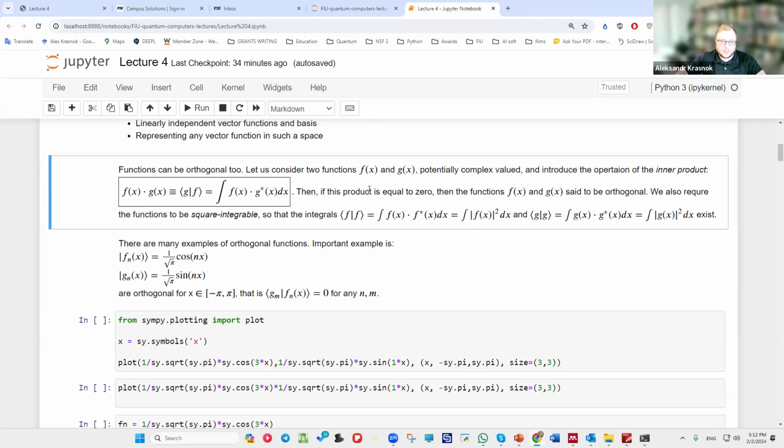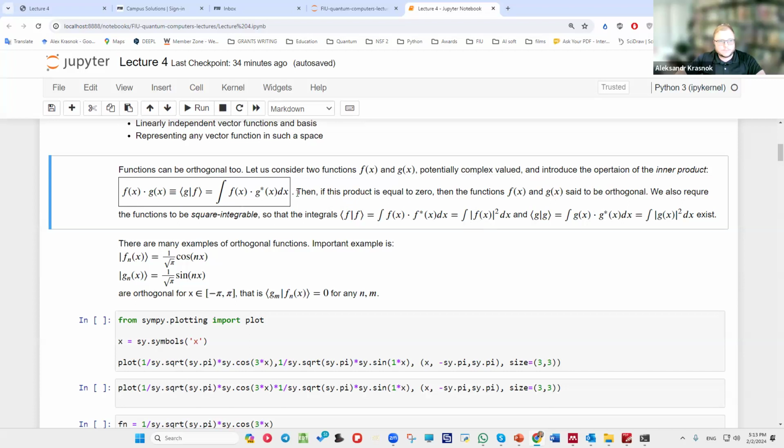We also imply that the functions are square integrable. That means the integral of the absolute value of the function squared exists. Exists means it doesn't diverge. It can be any number, any value here.